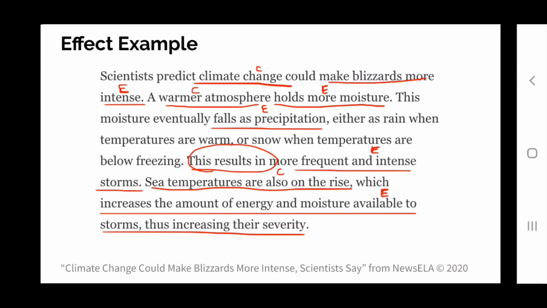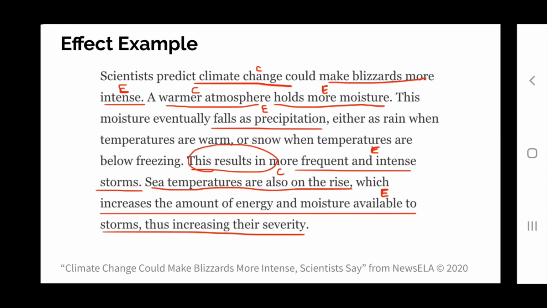A warmer atmosphere holds more moisture. And so that one is underlined with the E, which signifies that it is an effect. This moisture eventually falls as precipitation, either as rain when temperatures are warm or snow when temperatures are below freezing. This results, so that's circled because that is a signal word, in more frequent and intense storms.